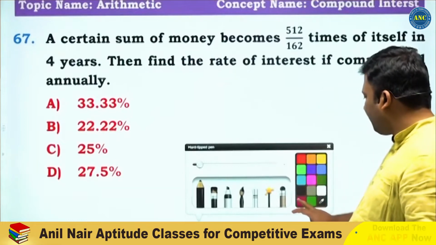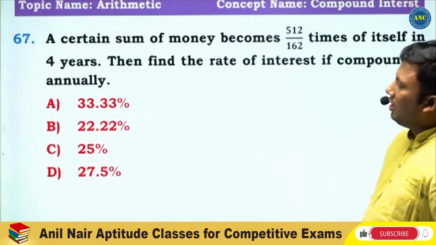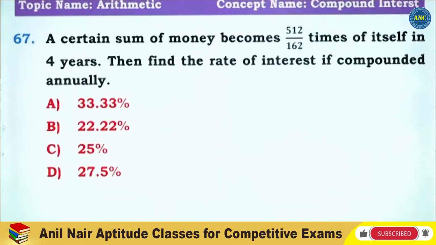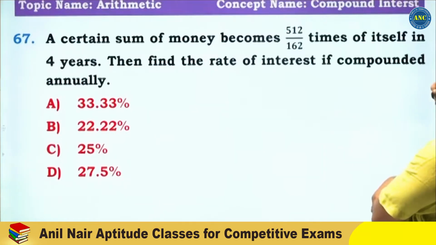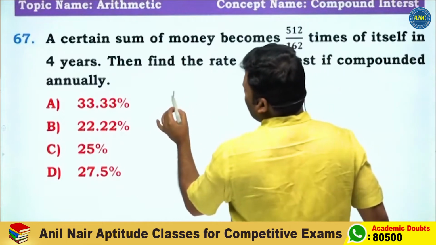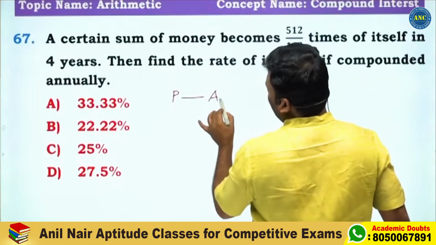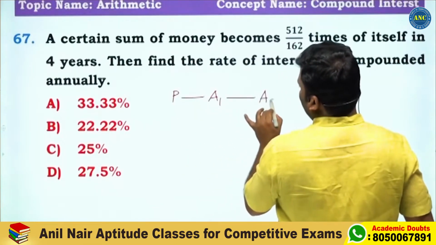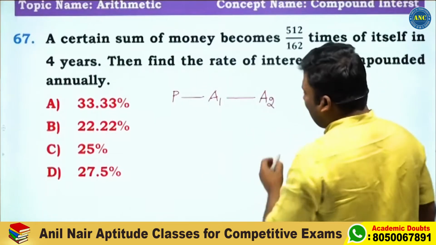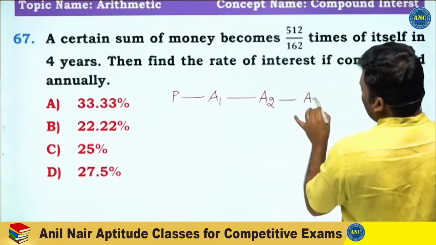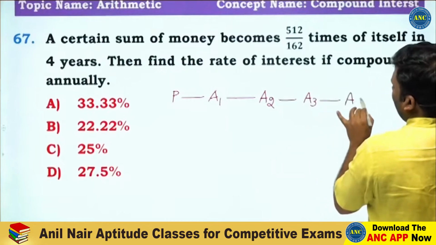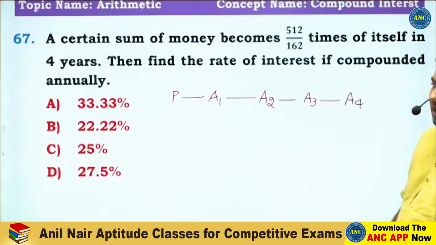Next one. Read the question. A certain sum of money becomes 512 by 162 times of itself in 4 years. 4 years it is changing. There is principal, then amount after first year, amount after second year, amount after third year, and then amount after fourth year.